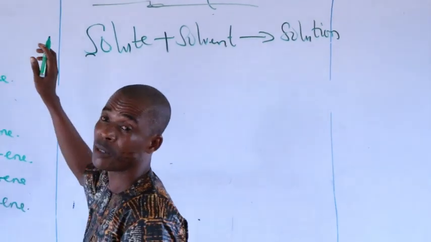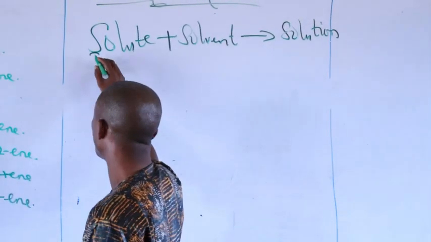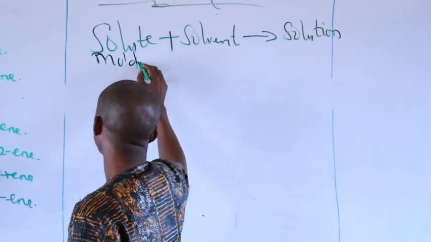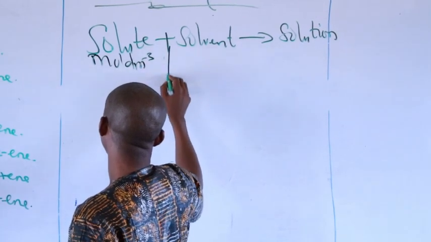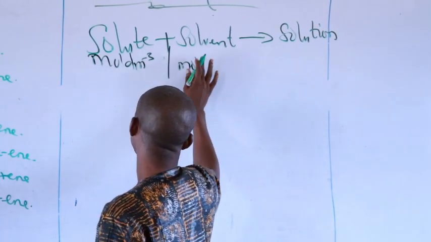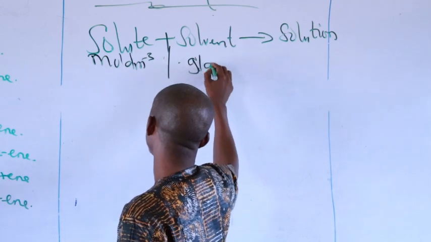Solubility can be measured in mole per dm³, or in gram per dm³.